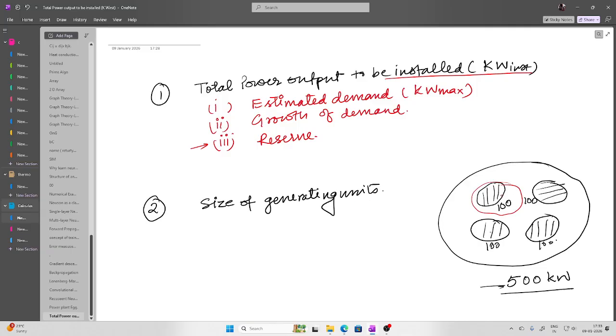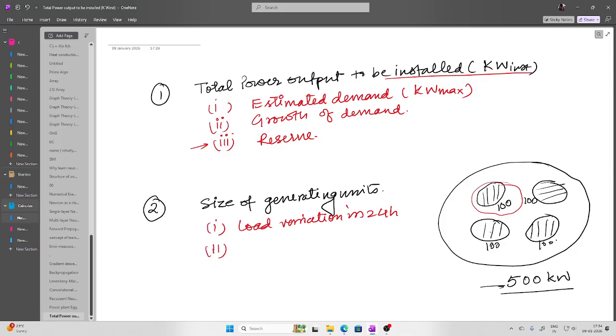Now the size of the generating unit. How do we decide the size of these individual generating units? The first and very important criterion is the load variation, in 24 hours, or in a month, or in a year, or the load variation during winter time, summer time, and so on.